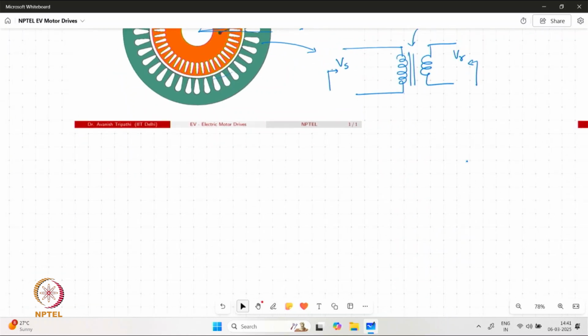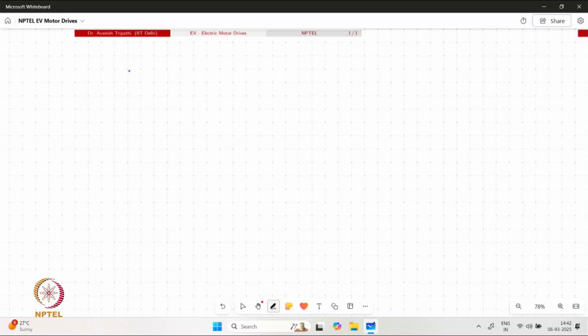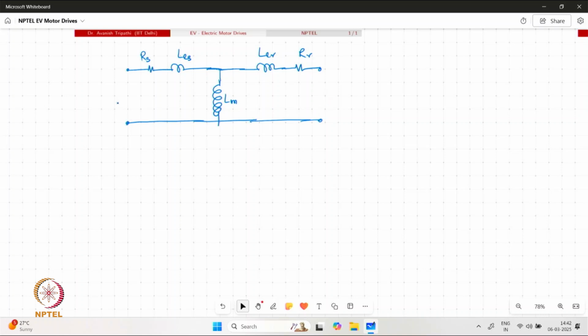What we have done earlier is develop an equivalent circuit which essentially consists of resistance and leakage inductance element on the stator side, a magnetizing branch which is the common link between stator and rotor, leakage on the rotor, and resistance on the rotor side. In general, the machine may have the possibility to receive supply from both the ends, which is why the terminals on the stator and rotor side are open.